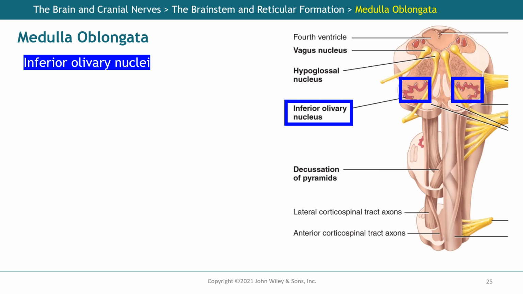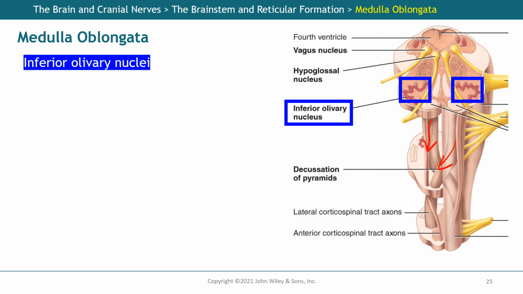I wanted to talk about this one because we have been saying that the medulla oblongata connects the cerebrum with the spinal cord, and we talked about all these pyramids. In addition to that, there is another function: the inferior olivary nuclei are in charge of connecting the cortex with the cerebellum.